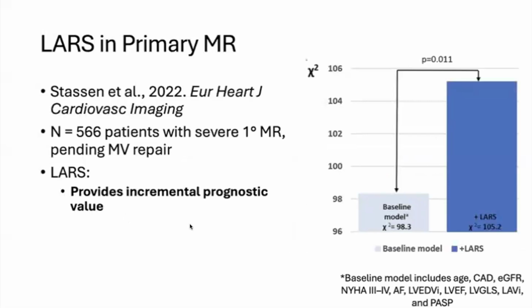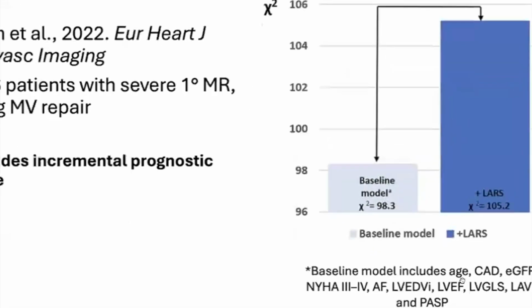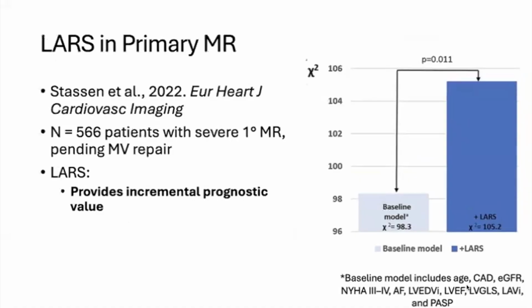Here, showing a similar graph, where they had about 600 patients, and there did seem to be some incremental prognostic value by adding this to a model that already included some baseline demographic and comorbid criteria, as well as some of the other metrics that we typically assess in patients with MR.